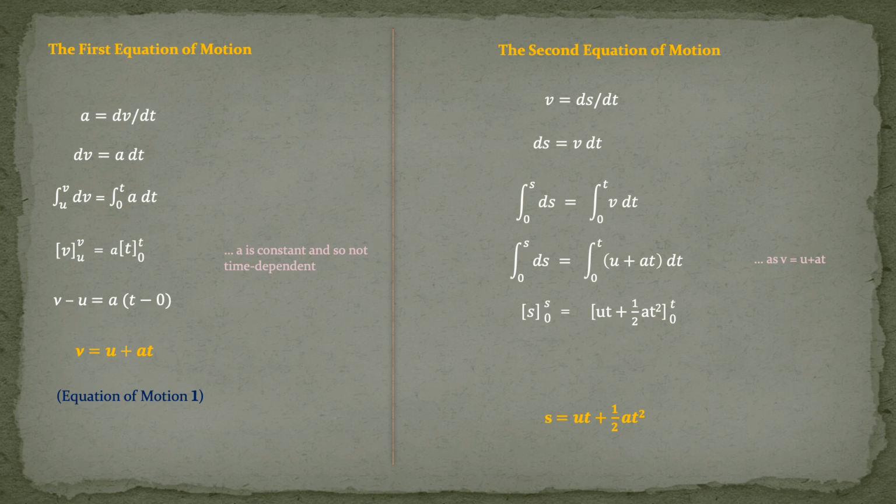Again, between the usual limits. Let's work that out. So s minus 0 is equal to ut plus half at squared minus 0. Tidy that up, and we have s equals ut plus a half at squared, the second equation of motion.